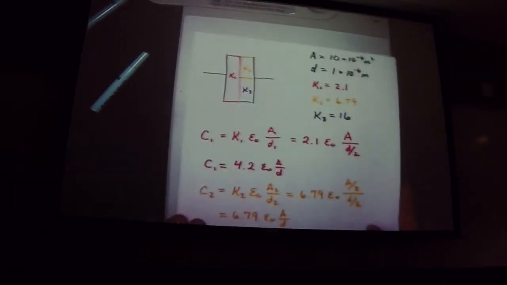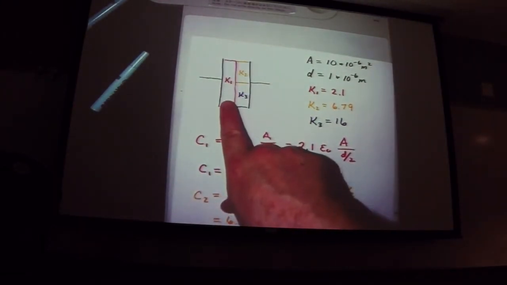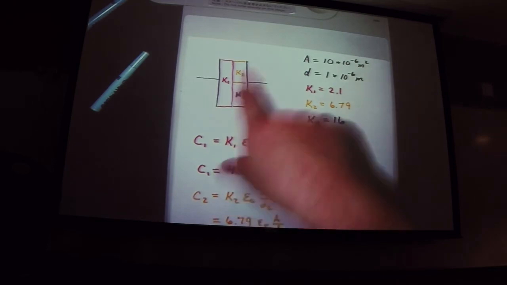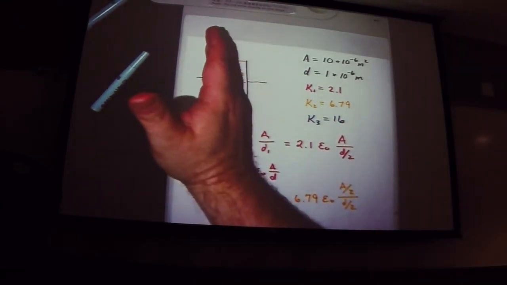Because if you think about it, what has to happen here is that these have to cancel out the charges on their respective plates. Well, I have a couple of nice dielectrics over here. So this plate is going to say, hey, I can cancel out lots of charge. But that's not going to do any good if the left plate can't.